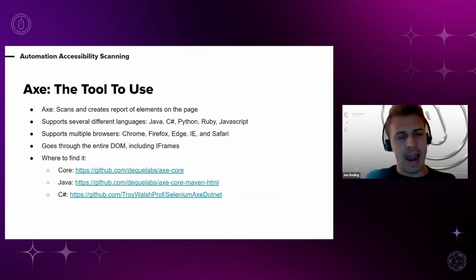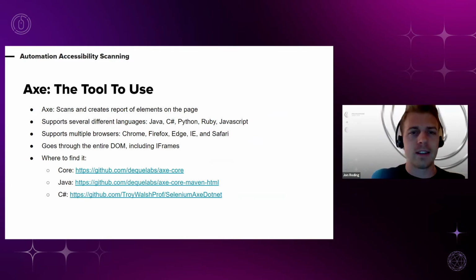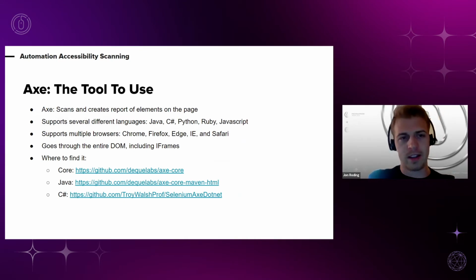So Axe. DQ has a tool called Axe, and I think it's the tool to use right now. What it does is that it scans and creates reports of elements on your page or app. The reason why I think it's handy is that it supports several different languages. Today we'll be going over Java and C# specifically, but it also is supported in Python, Ruby, and JavaScript.